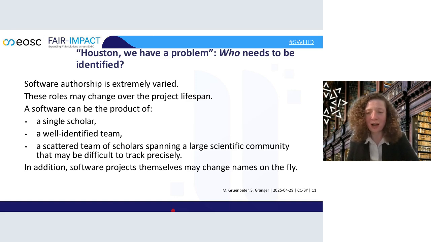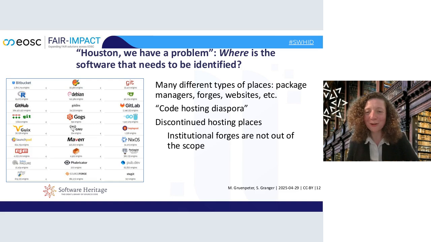So who do we need to identify? How do we go there? And where is the software? Again, that's also a very big challenge. There are many different types of places where you have software: package managers, forges, websites. This is what we call the code hosting diaspora, discontinued hosting places.